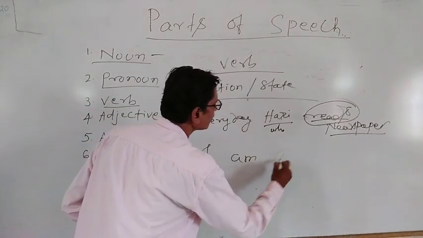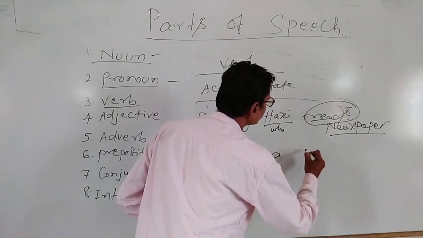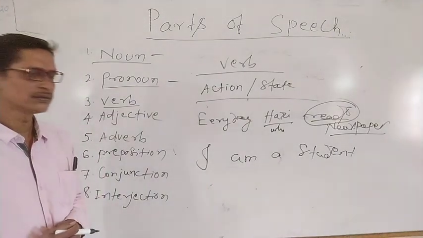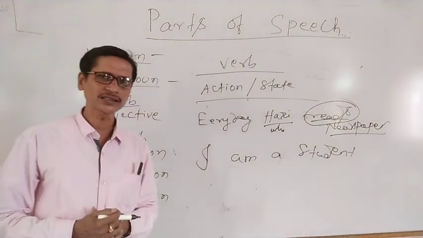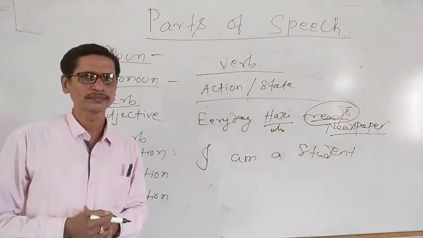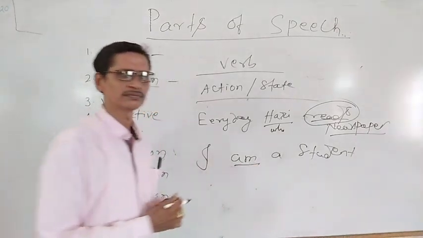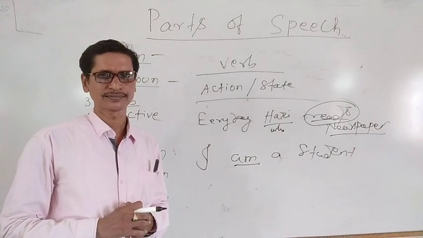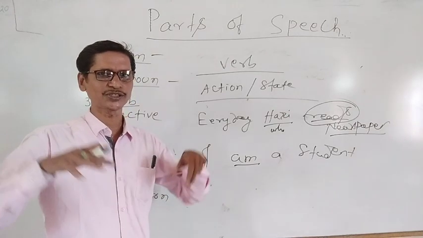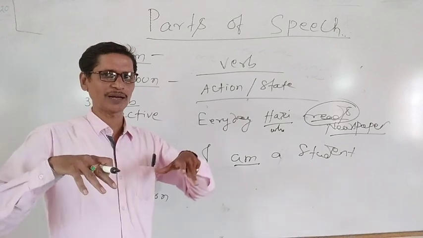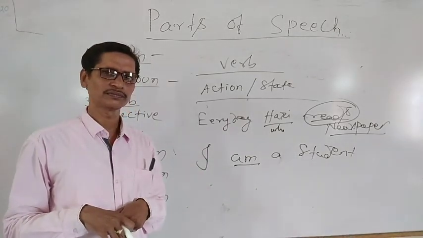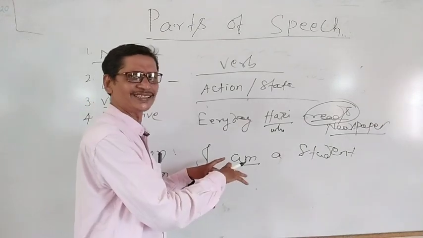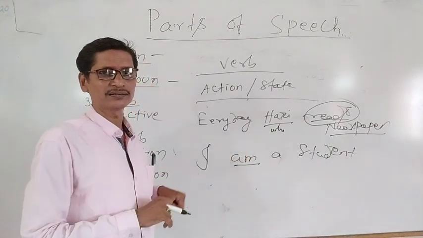I am a student. Here, in the second sentence, we have also a verb, that is "am." But it is not talking about an action. It is talking about a situation. It is talking about the time, present time. Therefore, it is not an action word.